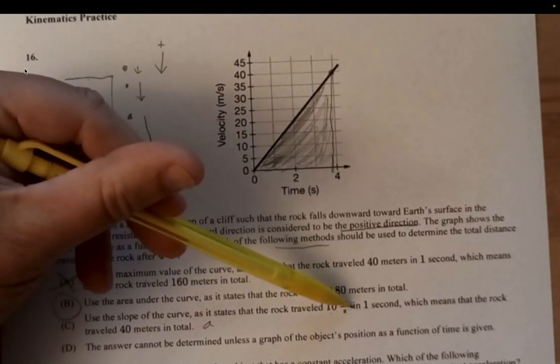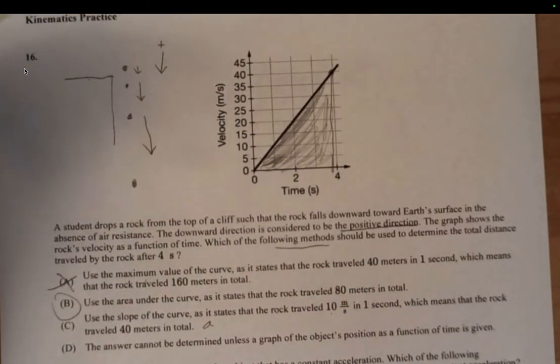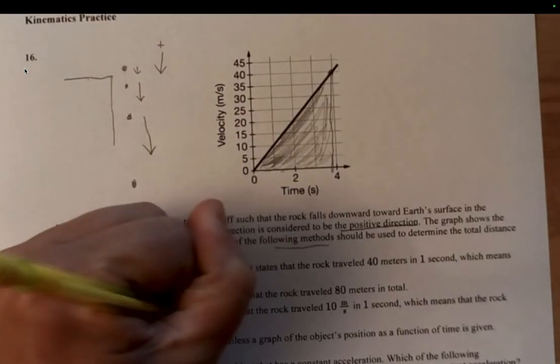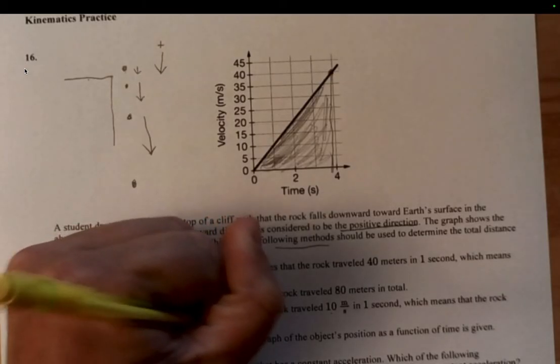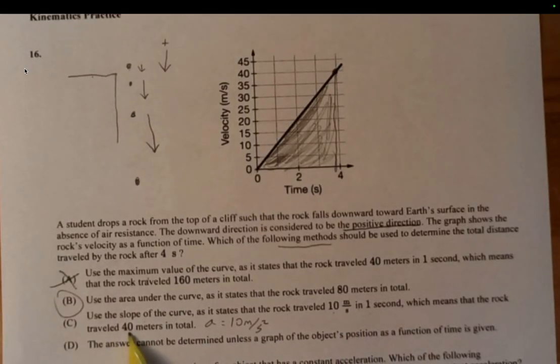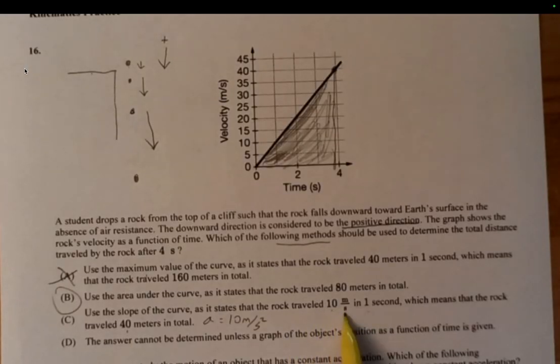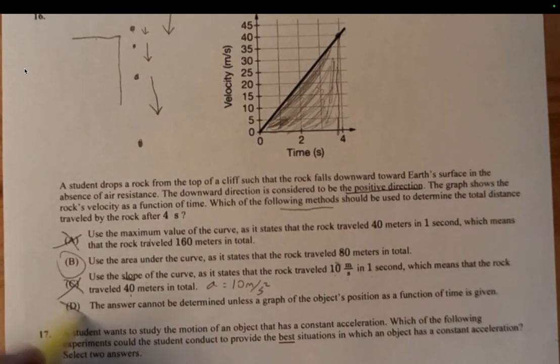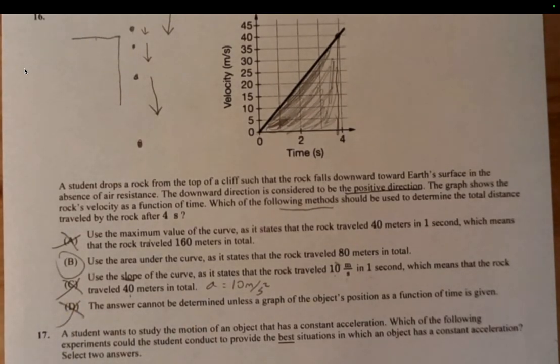In 1 second, if it goes up 10 meters per second, the slope would actually be 10 meters per second squared. So it did travel 10 meters per second in 1 second, but it doesn't travel 40 meters in total because there's this acceleration. So they gave the wrong units here for acceleration, which is the slope. So that tells me also that letter C would be wrong. And the answer can be determined by using the area.